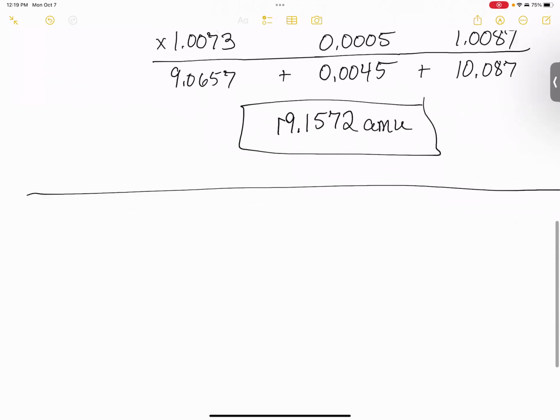Now, by the way, on these average atomic mass calculations I'm about to do, this is the only time I will not count sig figs.